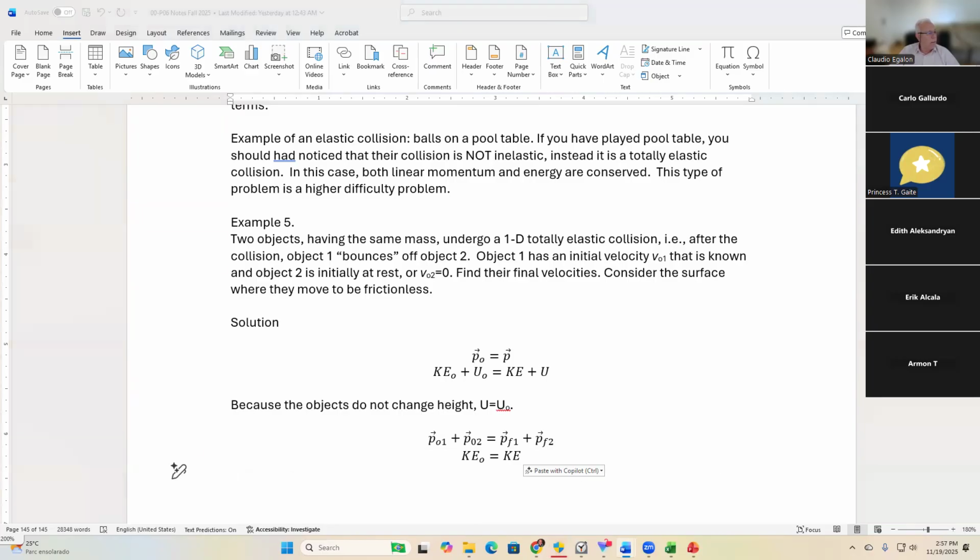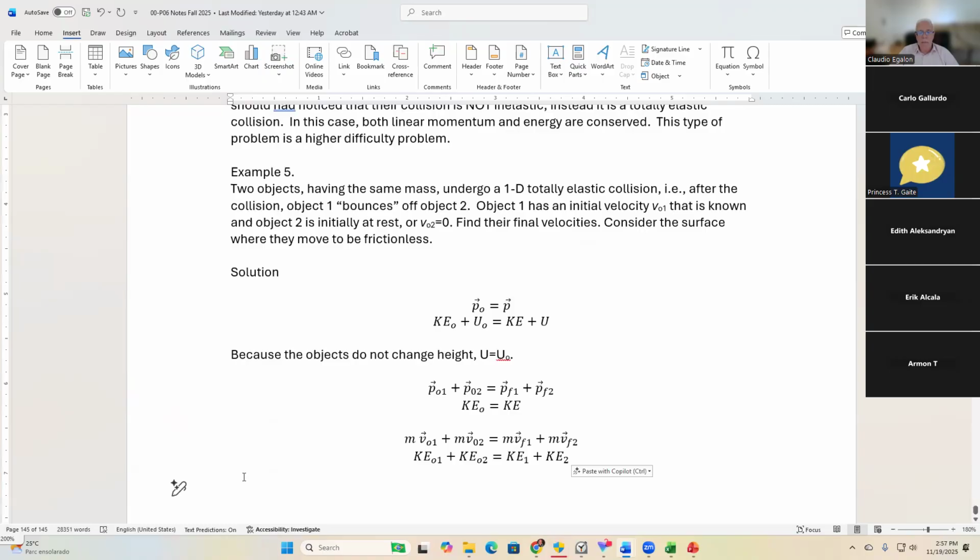Next step, we spell out the initial momentum of the two objects: mv01 plus mv02. And the final: mv final 1 plus mv final 2. And the kinetic energy is going to be the sum of the kinetic energy at the beginning and the sum of the kinetic energy at the end.